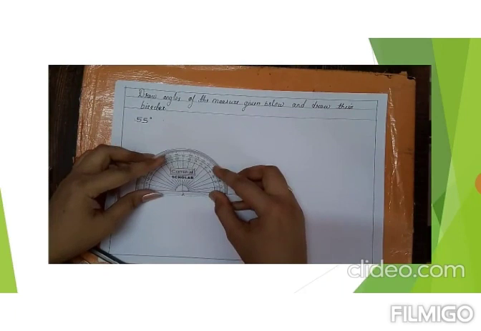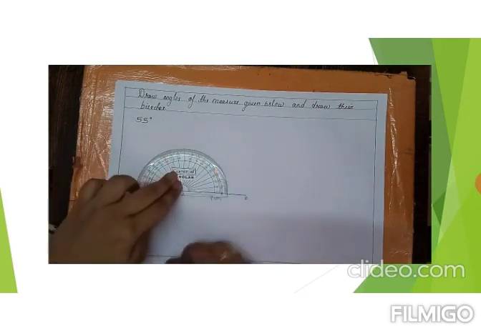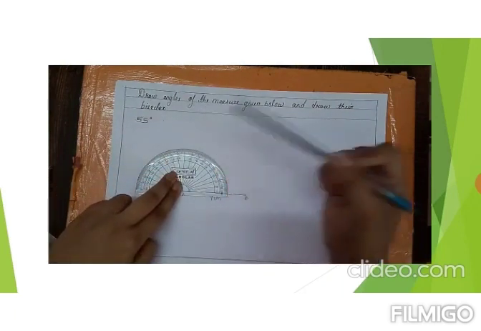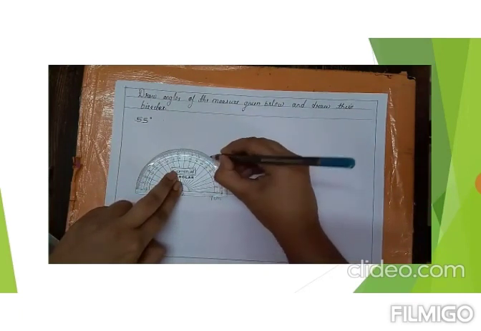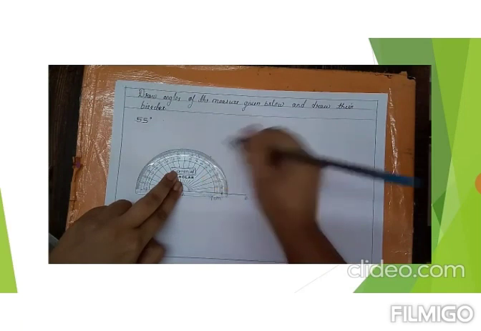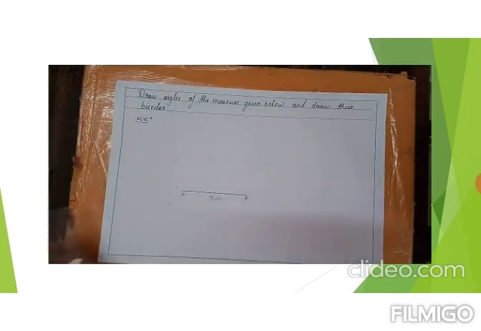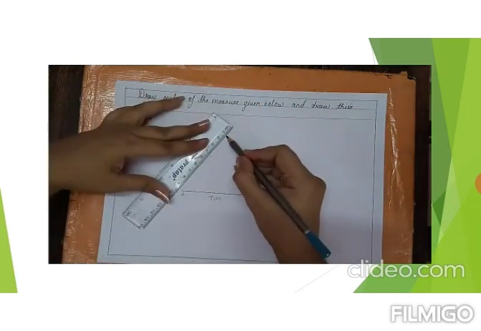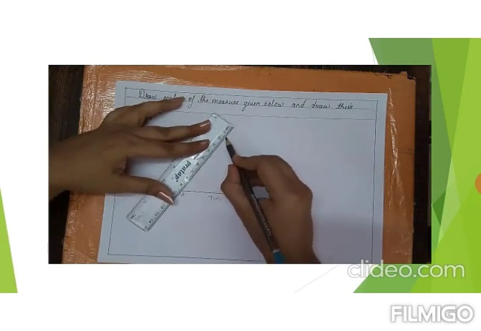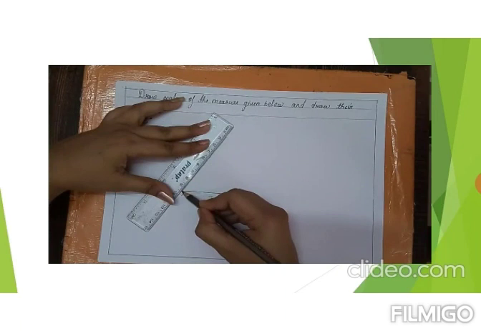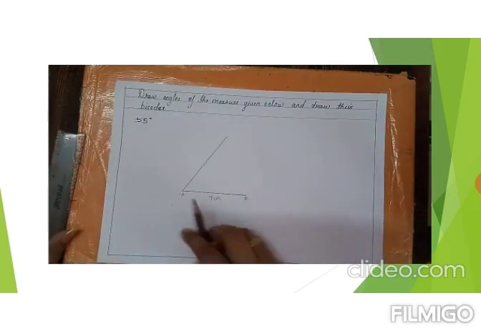Keep your protractor point on A and mark 55 degree. It is an acute angle. Always extend your line passing through this point and joining point A. Now our angle is formed.